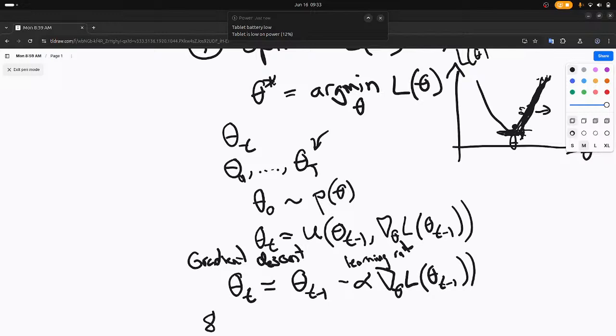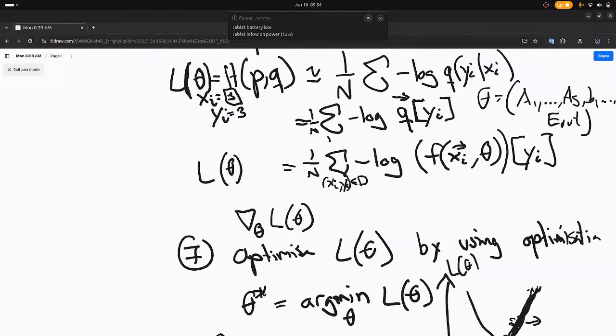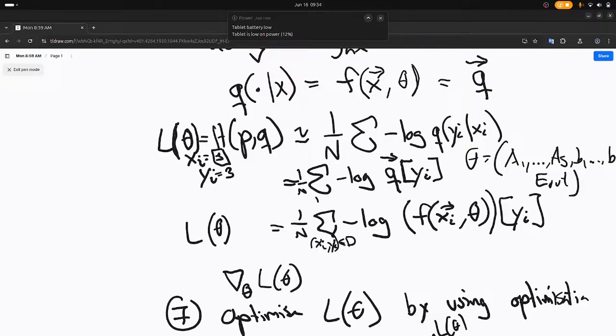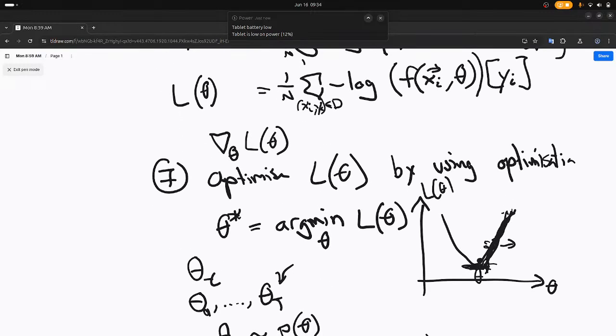Now, once we have this, we say, but we have a huge data set. We cannot just sum over all this full data and compute the output for all of it, and then compute the gradient, and then do a little step in the right direction that goes to a lower L, and then do it all again.